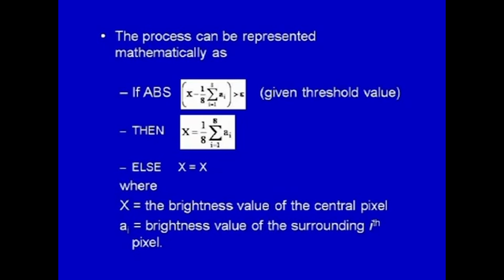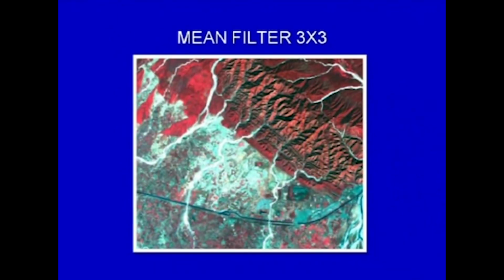If this condition is not true, which means that the value of x does not vary too much, then it is left to have the same value, that is x is equal to x. This particular slide shows the output after applying the mean filter of 3 by 3. Well, if we recall, the image appears to be very much similar to that of a low pass filter of 3 by 3.